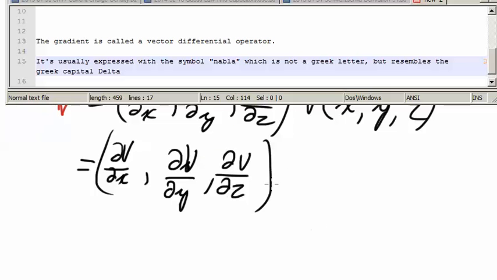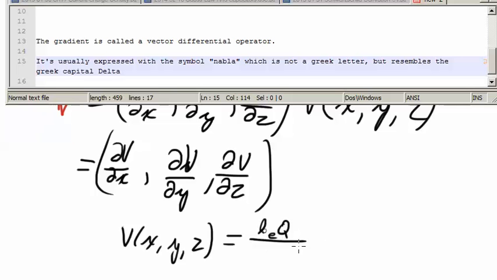So what happens to our potential? Remember, our potential V of x, y, z is equal to k sub e q, which is constant, times 1 over r. And that is k sub e q divided by the square root of x squared plus y squared plus z squared.